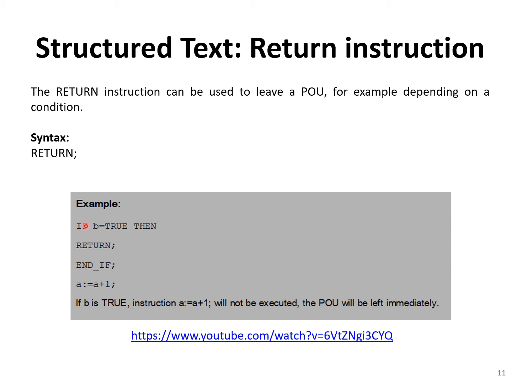If B is not true, then this line will be executed and the value of A plus 1 will be assigned to A. If B is true, the instruction A equals A plus 1 will not be executed. The POU will be left immediately.